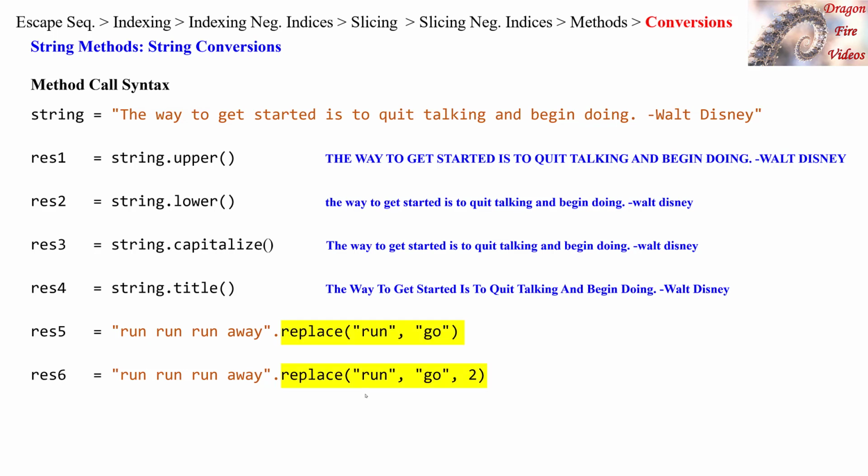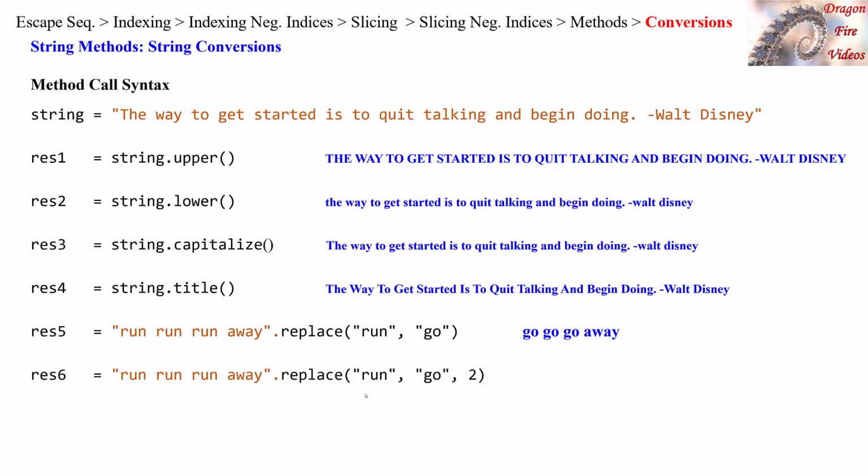Now the last two are replacing. The replace method replaces the occurrence of run, if it exists in the string, with the string go. And I should say it replaces all occurrences of the string run, if it exists within the string, with the string go. So run, run away, if we replace the runs with go, becomes go, go away. Okay? Sometimes you don't want to replace all occurrences.